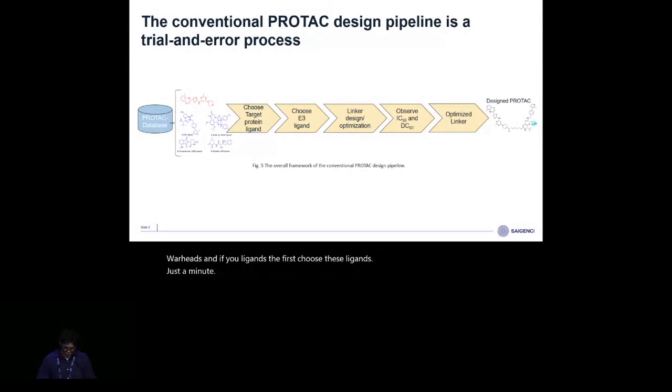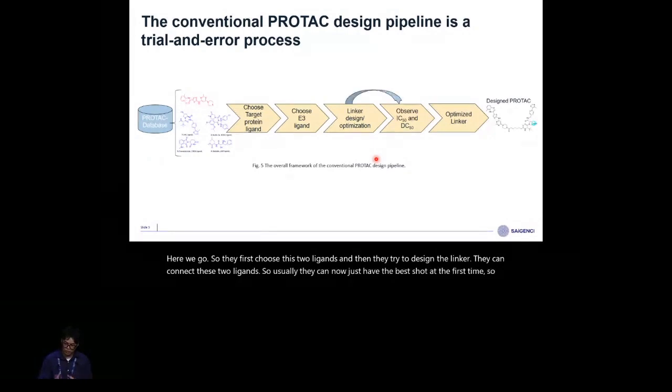So they first choose these two ligands, and then they try to design the linker that can connect these two ligands. Usually they cannot get the best shot the first time. So after designing a linker, they'll conduct experiments and try to observe if this PROTAC is good enough as a degrader. So they usually observe the IC50 and DC50.